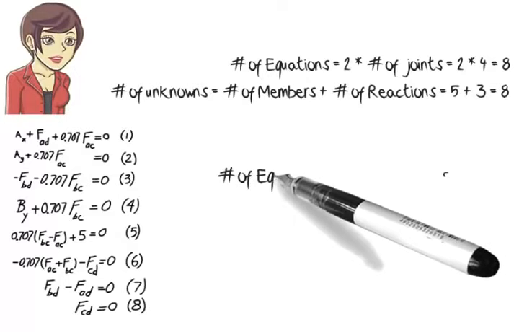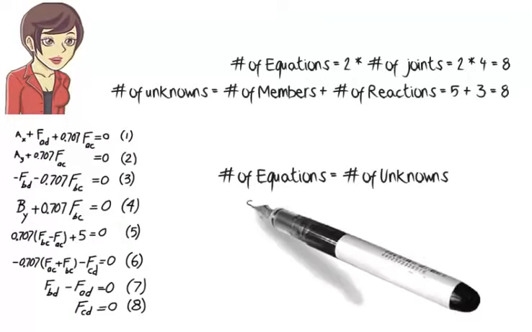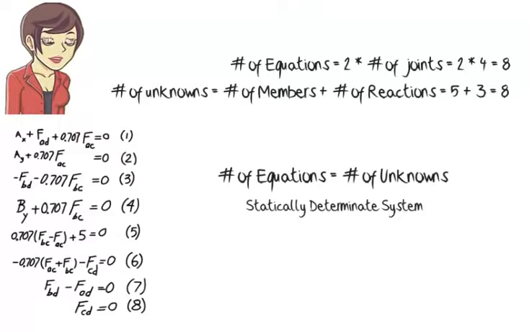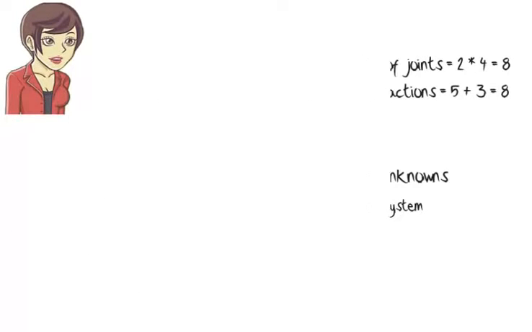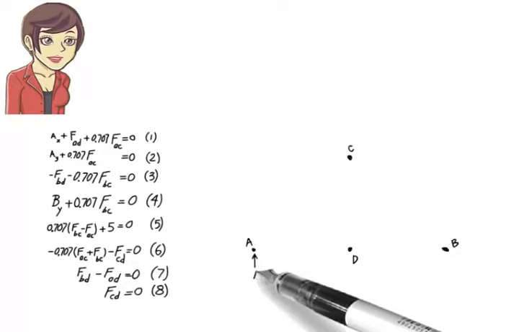Since the number of equations equals the number of unknowns, we can easily solve for the unknowns. We can either solve the equations simultaneously using a standard technique such as Gaussian elimination method, or we can use shortcuts to speed up the calculations. Let's solve the problem rather quickly without using a standard technique.